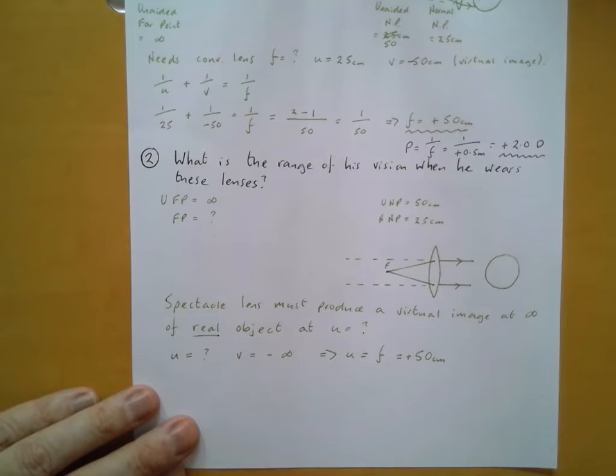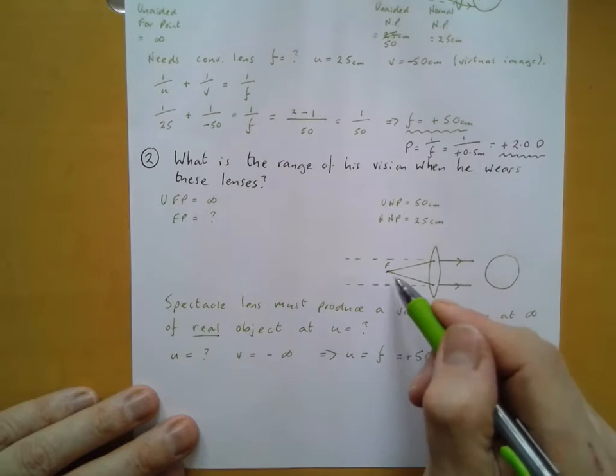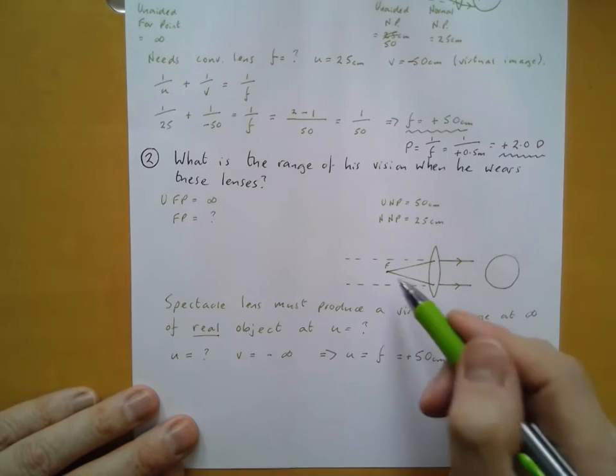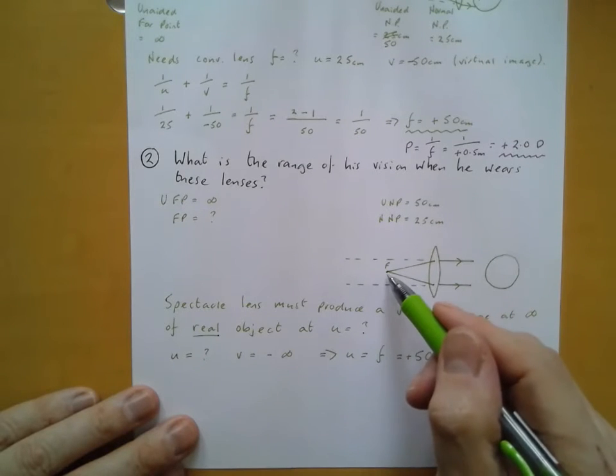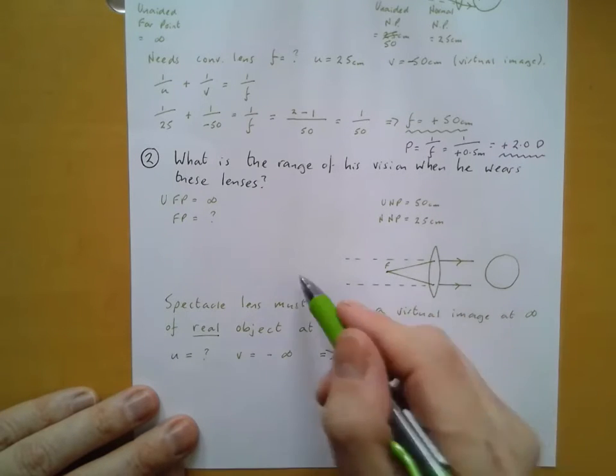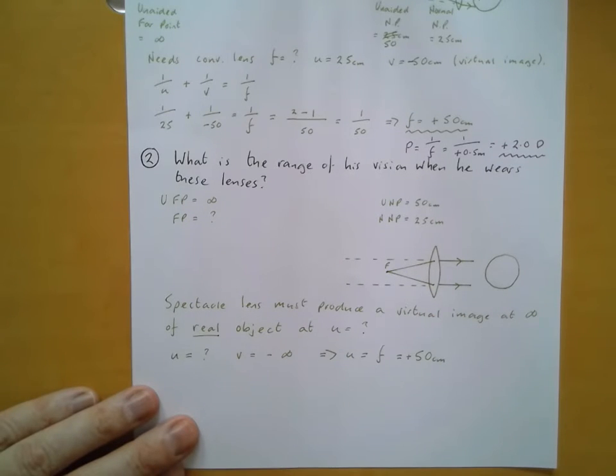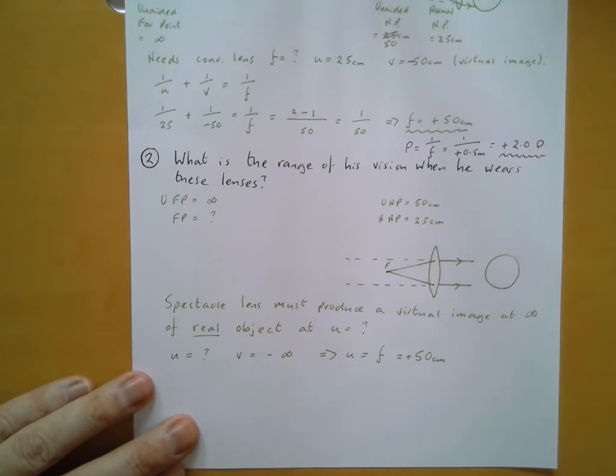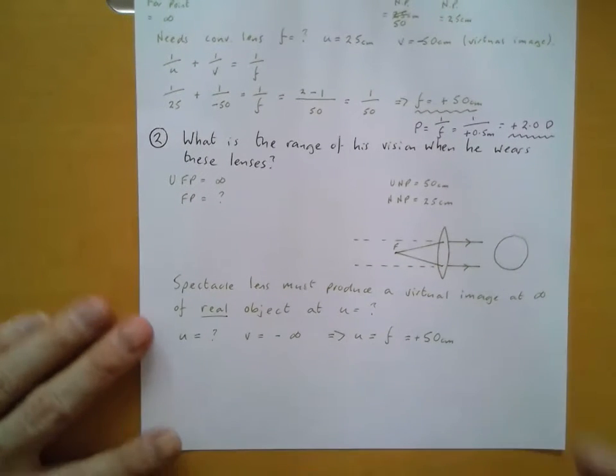Now, the eye can deal with those rays because it's hypermetropic. It can focus on an object at infinity. But that means that the furthest away an object can be from the eye is 50 centimeters. So a 50 centimeter object will appear as if it were at infinity. And therefore, the far point, the corrected far point, is only at 50 centimeters.